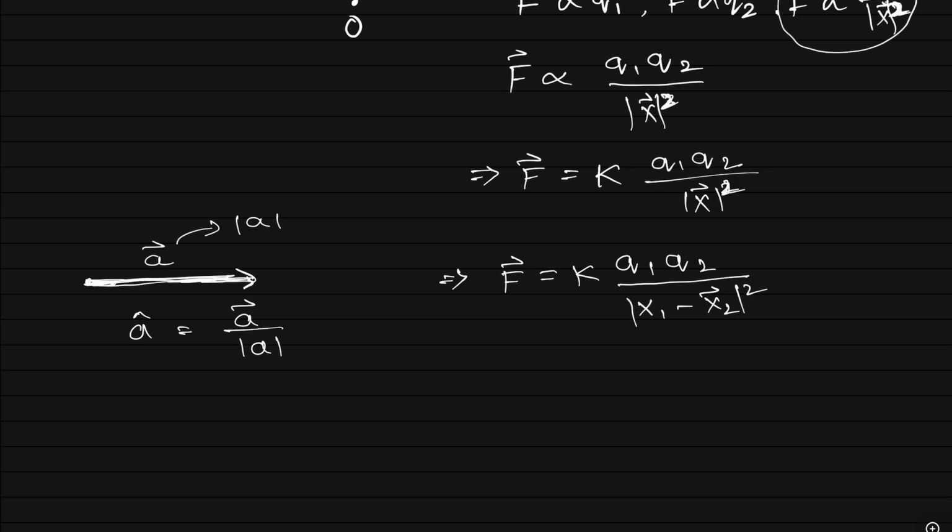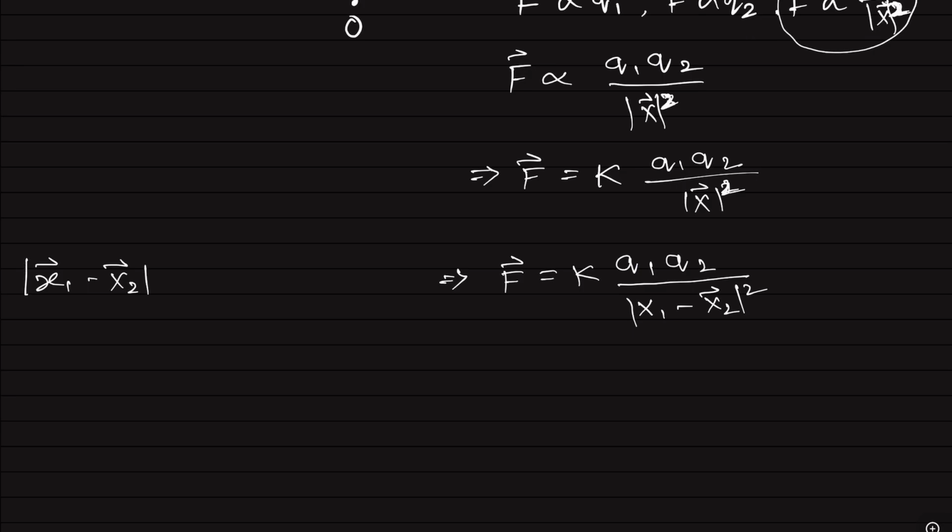This has no unit, while the vector has a value and a unit. So this is a unit vector. In this case, can I write it like this, the unit vector of x minus x2, mod?